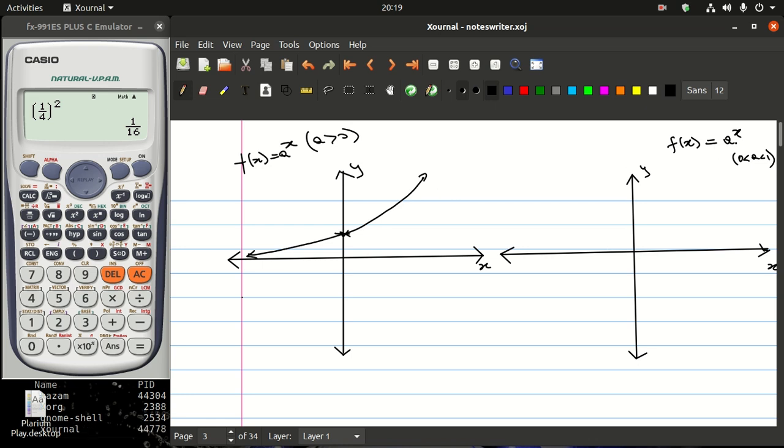And if a is ranging between 0 and 1, we're going to get a nice curve that is decreasing throughout, going all the way down, but it will never touch the x-axis. And this point is 1, and that point is 1.